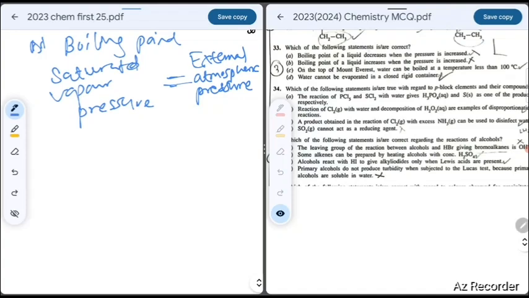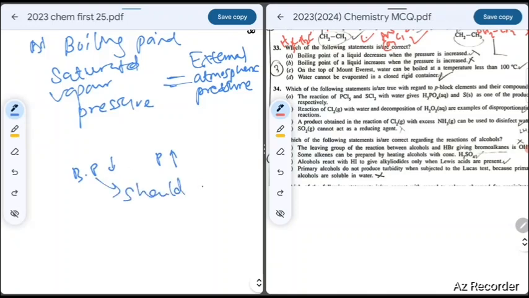So the first statement tells that boiling point of liquid decreases when the pressure is increased. No. Boiling point should increase when pressure increases. Why?